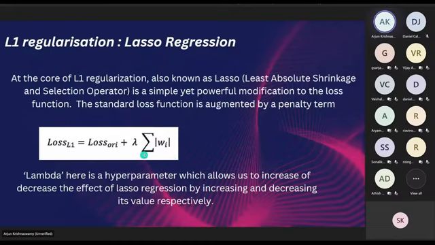We usually take the mean square error and we add the sum of the absolute values of weights. What are weights here? Even in linear regression, you would have learned that we try to find a relationship between the independent and dependent variable. We write y as wx plus b. That is simple linear regression with one feature. Suppose you have many features. Suppose you want to predict the price of a house. That will have many features. You look at number of rooms and the location, etc. They are the different features, and each of them will have one coefficient.